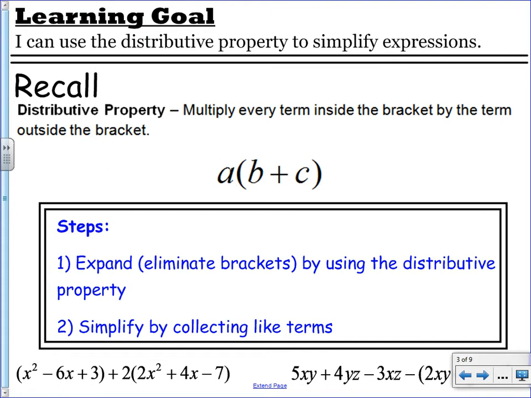Yeah, you multiply in. Sometimes students call this the rainbow, where you take your outside term and multiply it with your inside term. So a very generic way of writing this would be A times B plus A times C. That's with no numbers.